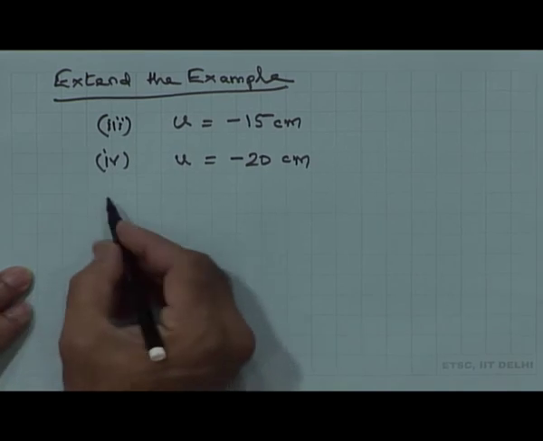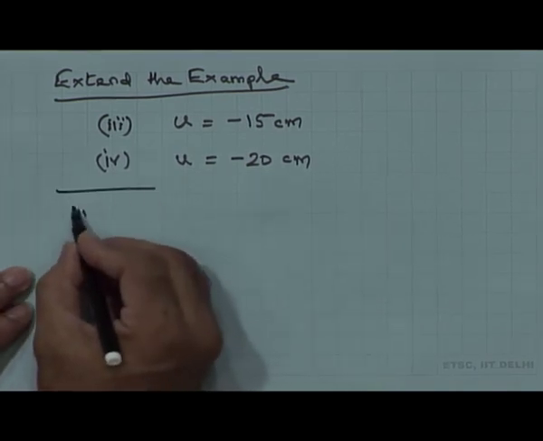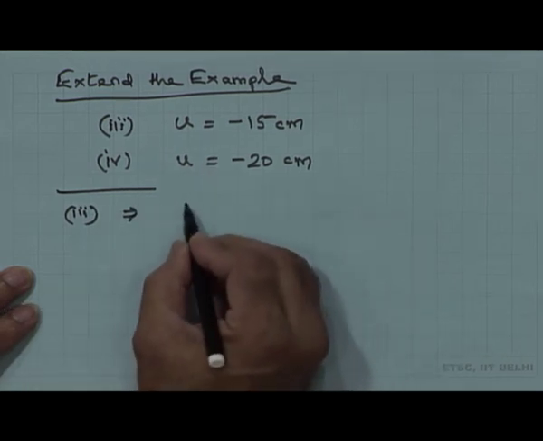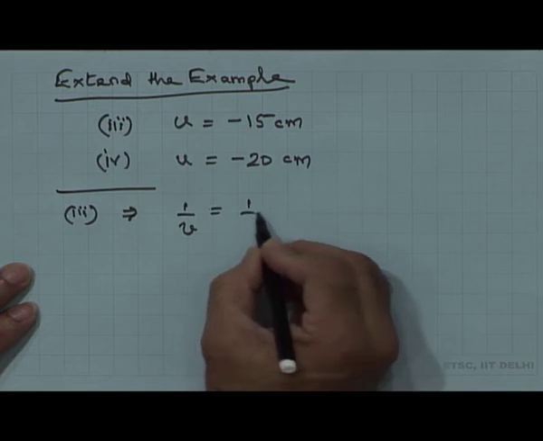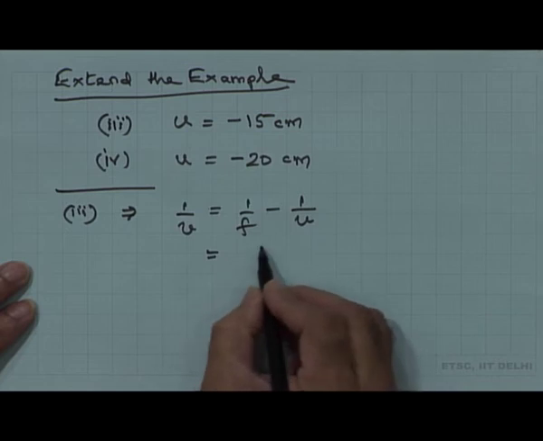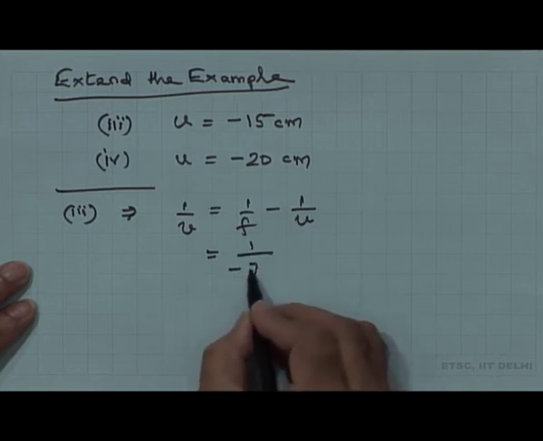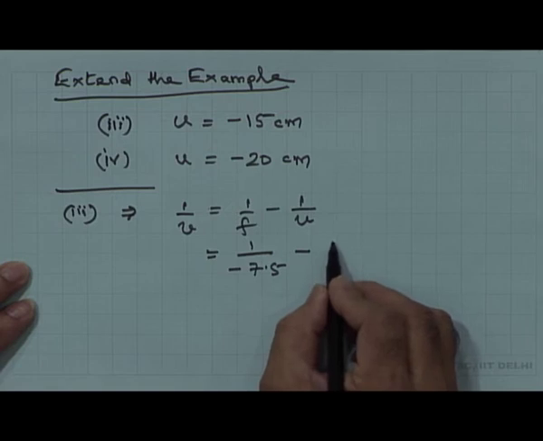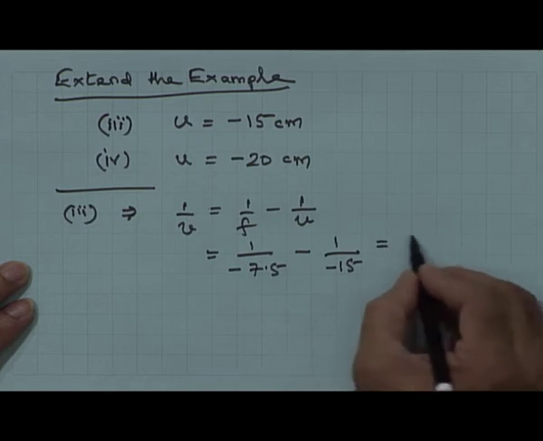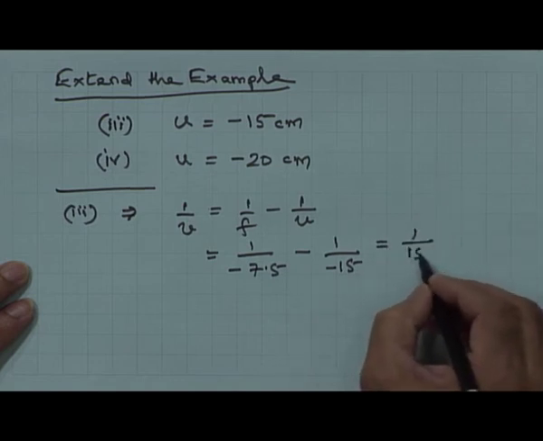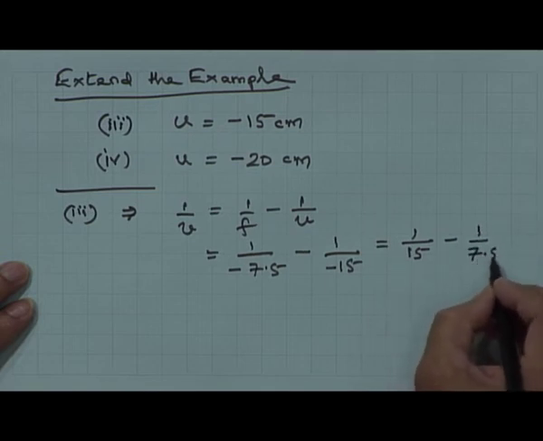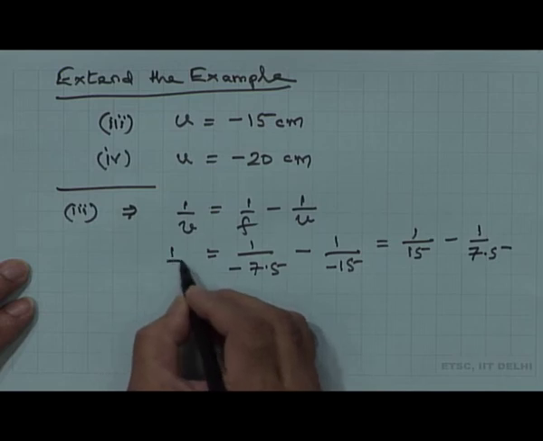Now, let us take this as well. It is a very simple example, but it conveys certain things. So, 1 over v is equal to 1 over f minus 1 over u, and if we substitute this, 1 over minus 7.5 minus 1 over minus 15 is equal to 1 over 15 minus 1 by 7.5, which is equal to 1 by v.